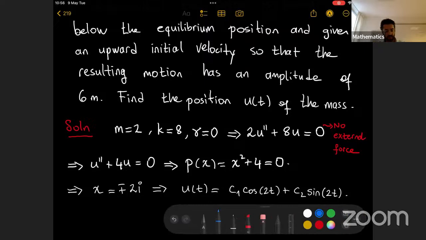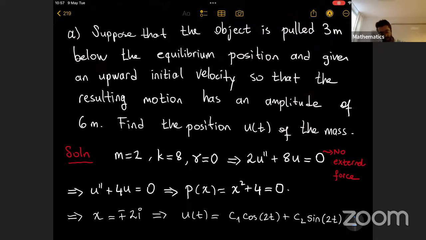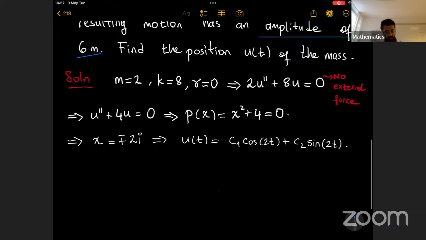Okay, so we're given that the amplitude is 6 meters. Remember the amplitude. Amplitude means basically, remember, it's like this. We have a graph like this, okay? All right.